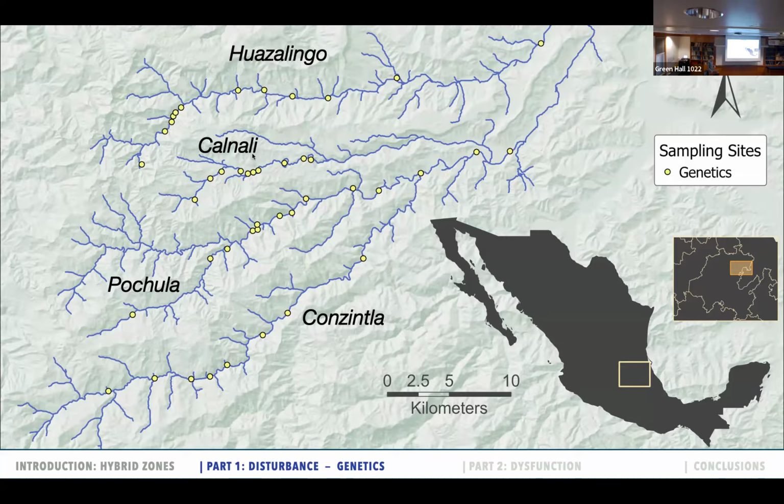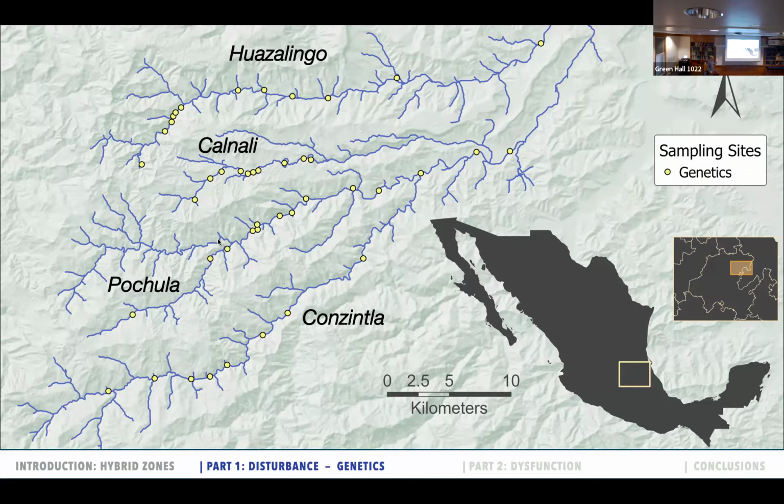So we built up 40 plus sites across 4 rivers where we had between tens and hundreds of samples that we did low coverage genome sequencing followed by HMM based ancestry calling. These species are about 0.5% diverged, so we can get pretty good resolution from very low coverage data in terms of whether a particular kilobase of DNA came from one species or another.